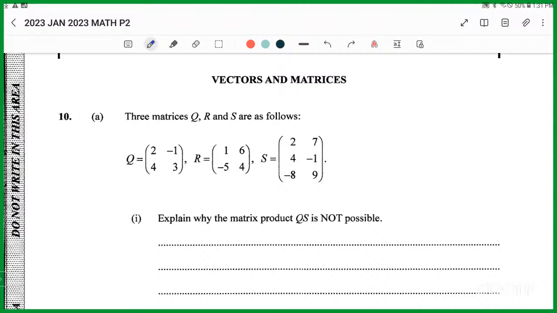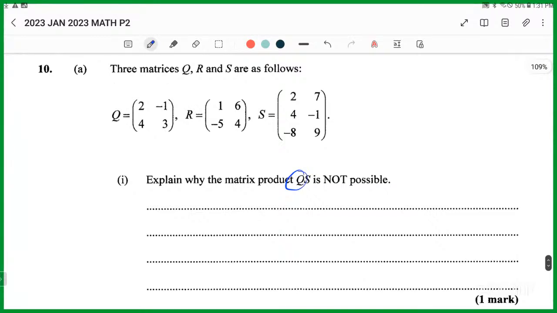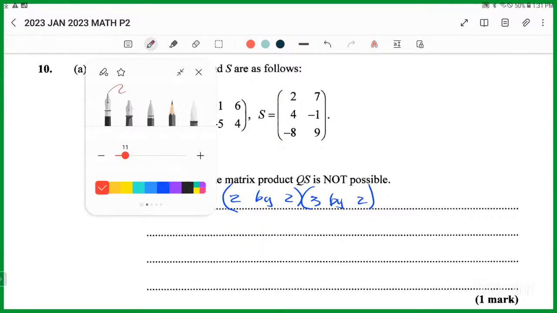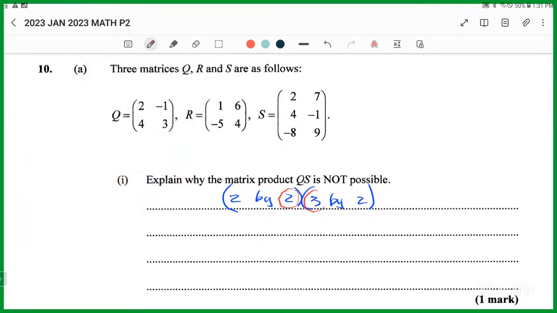The number of columns in the first must equal the number of rows in the second, right? Q is 2 by 2, times S which is 3 by 2. The number of columns in Q and the number of rows in S are not equal. That's why it is not possible. Right now, they're not equal.